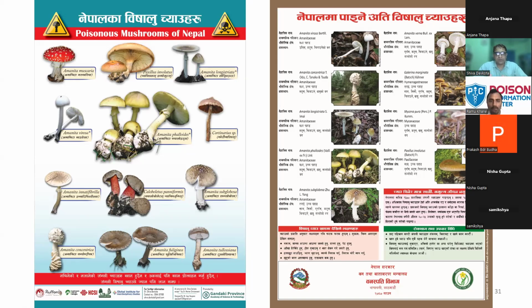But the problem is they get confused and pick up poisonous mushrooms. So never ever eat any similar looking mushrooms. Those are some of the tips. And these are the posters which we have produced, and we can access them from the web or internet also.